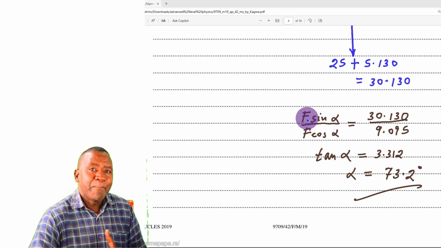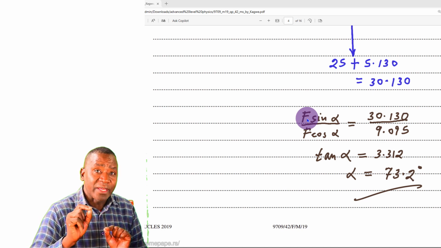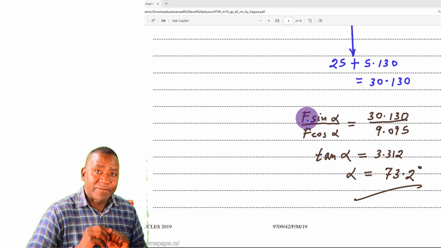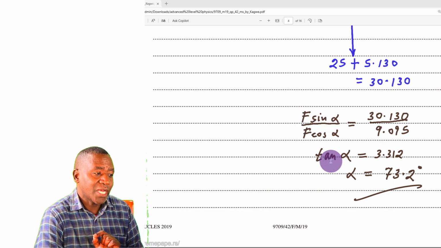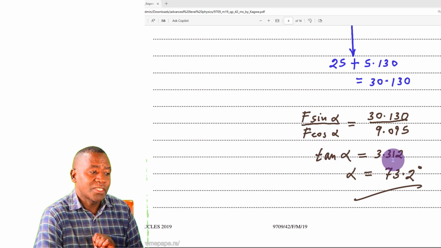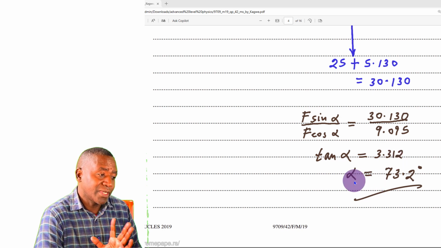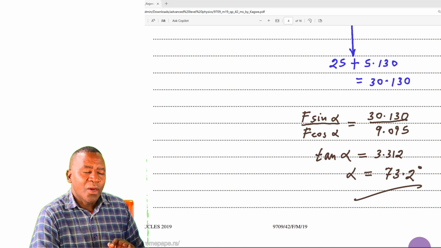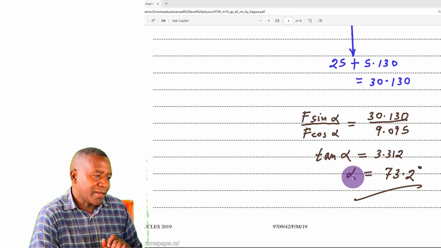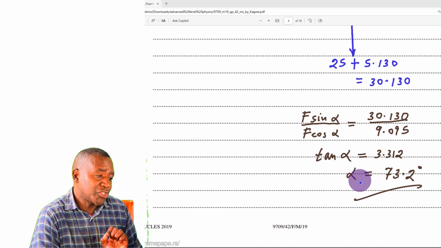So this is a method of solving for the angle alpha. Like you can see, F cancels out to give you tan alpha equal to this value, and you can use your calculator to get alpha to be 73.2. Once we have got the angle alpha, it's just a matter of substituting that alpha in one of the expressions.